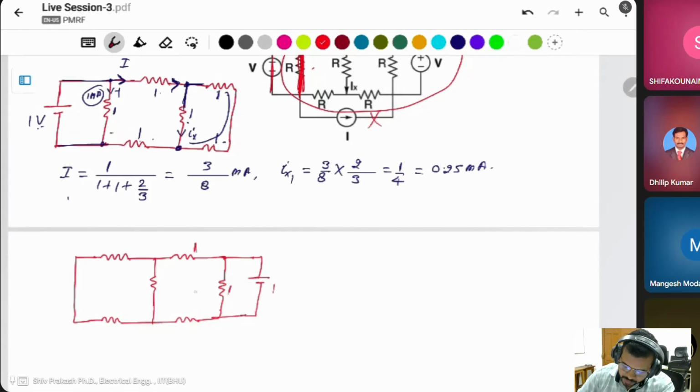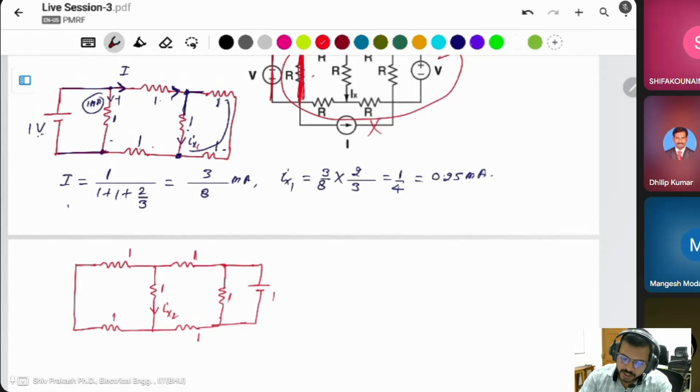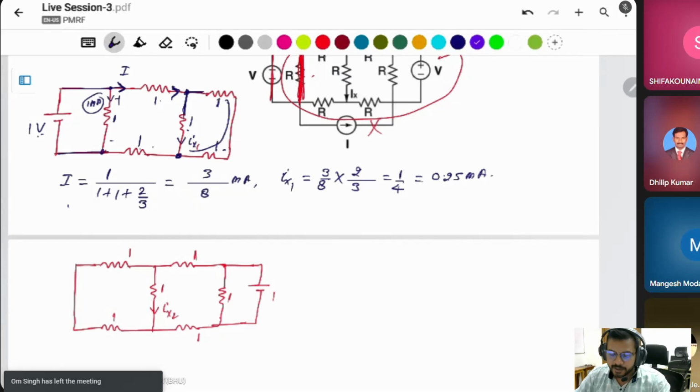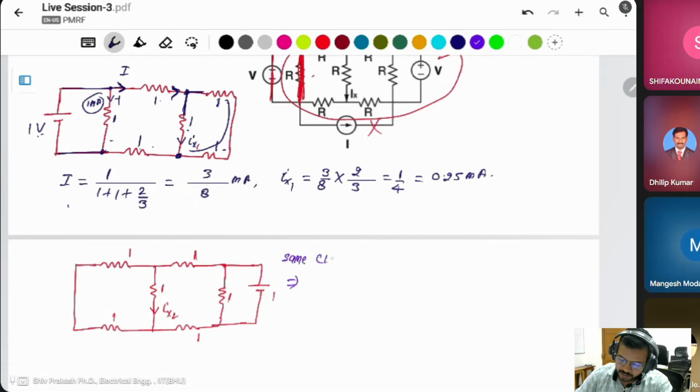Both circuits are the same, yes sir. It looks the same, simply opposite of this one, but the circuit is really the same. Then what is the current? Ix2 is also the same, 0.25 milliampere, because both circuits are the same.